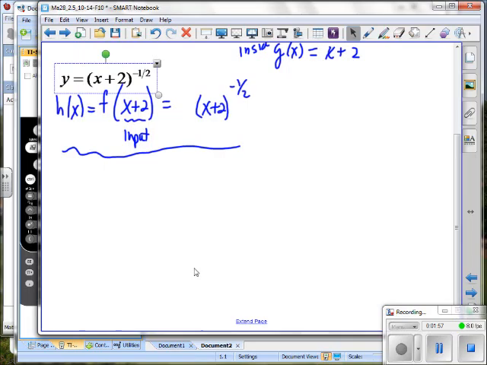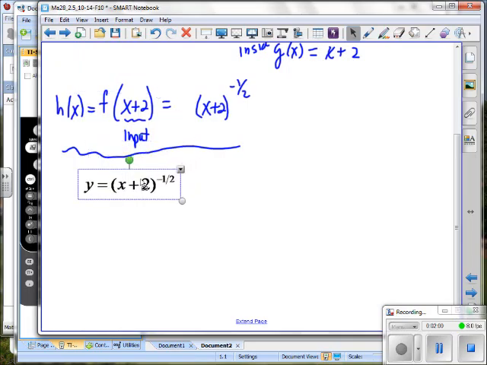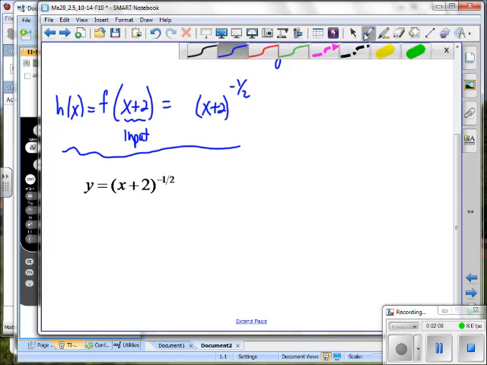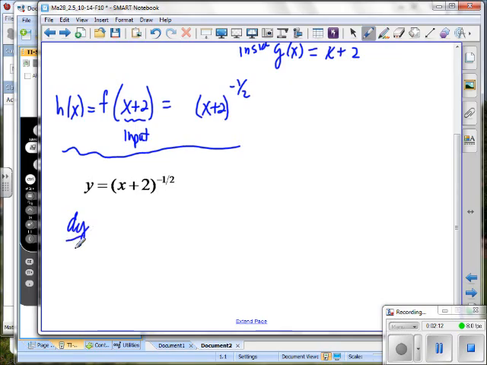Okay. So we're going to find the derivative of that. So that means I'm looking at dy dx, the derivative of my output with respect to my input.